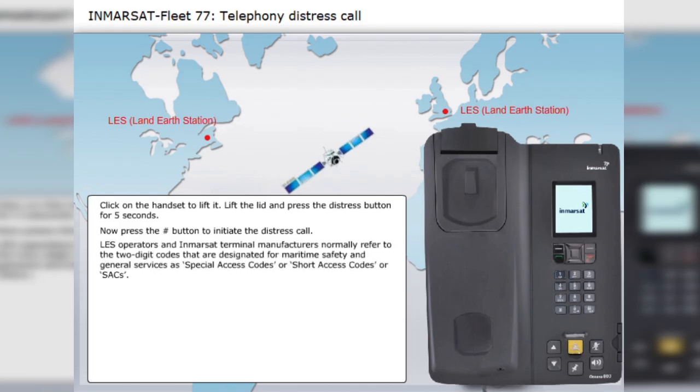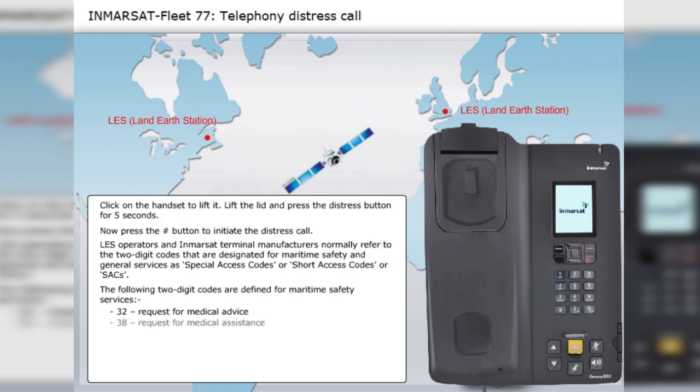LES operators and Inmarsat terminal manufacturers normally refer to the 2-digit codes that are designated for maritime safety and general services as Special Access Codes, or Short Access Codes, or SACs. The following 2-digit codes are defined for maritime safety services. 32. Request for medical advice. 38.